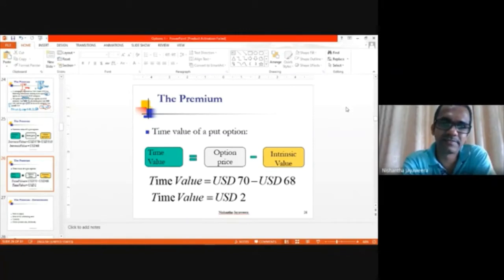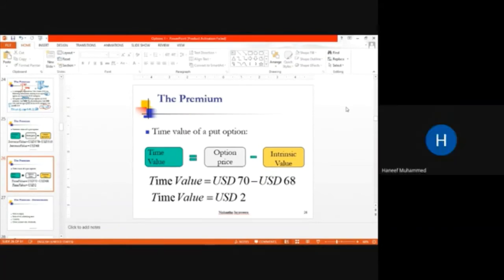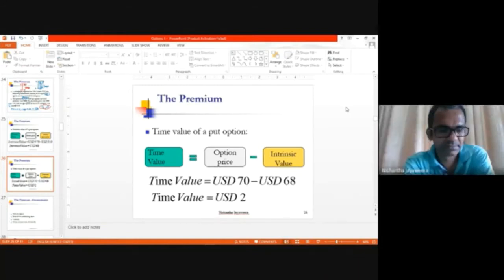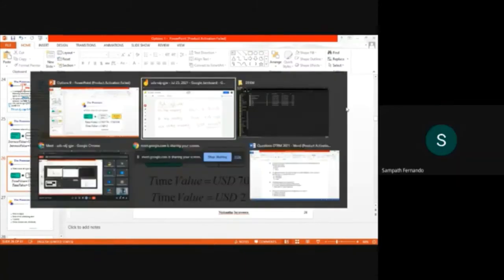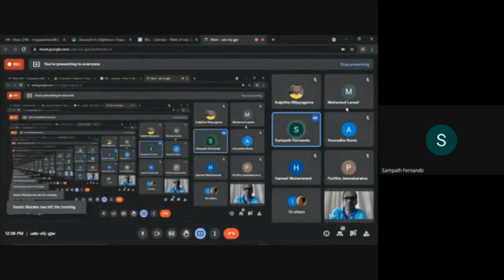Anything else? I have a small question from last week: how can we use futures to hedge basis risk?